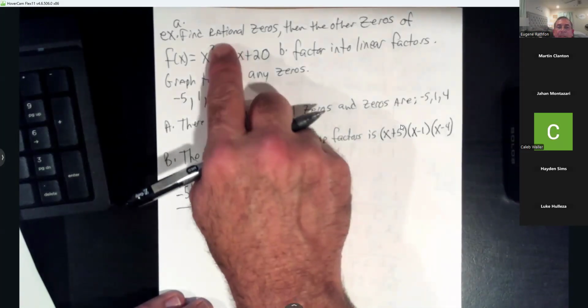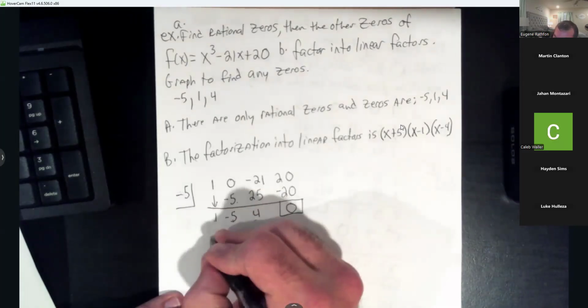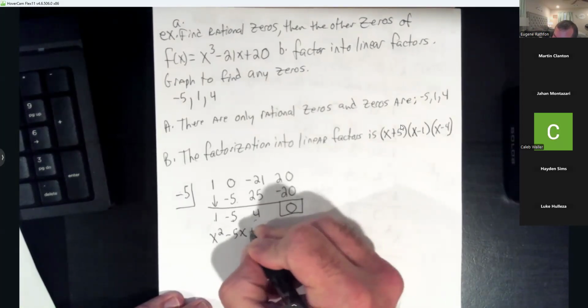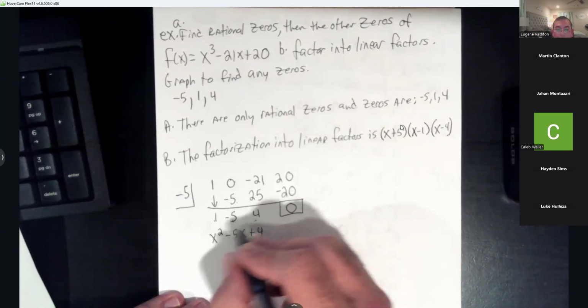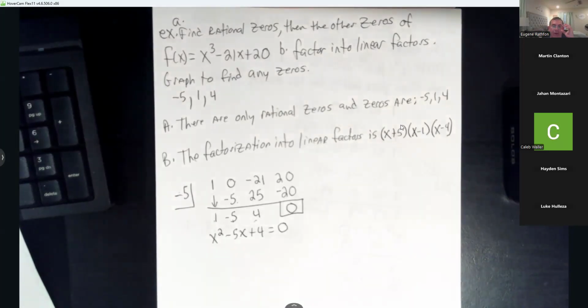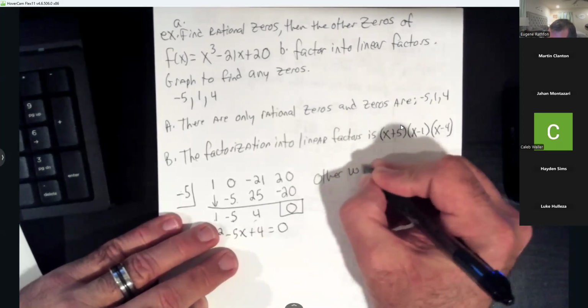So, remember, since this started out as x cubed, this now means 1x squared minus 5x plus 4 is my new polynomial. And y'all, I'm going to set that equal to 0. So this is the other way to find the zeros.